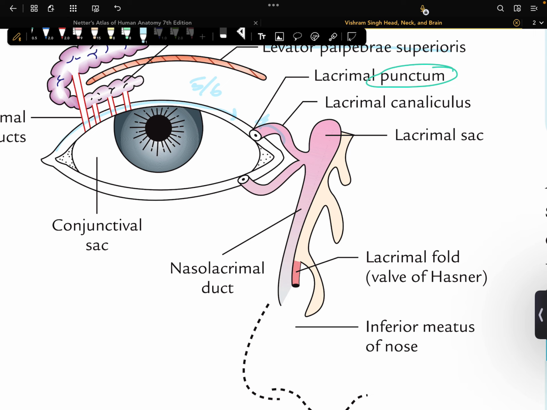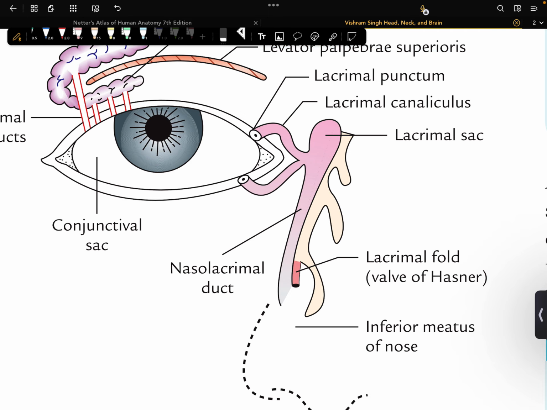It is at the junction of the lateral and medial parts. Here we can see a tiny projection at the union. This tiny projection is called the lacrimal papilla.